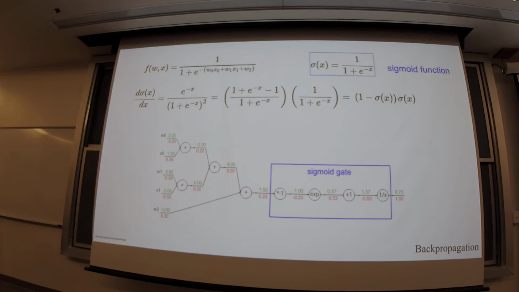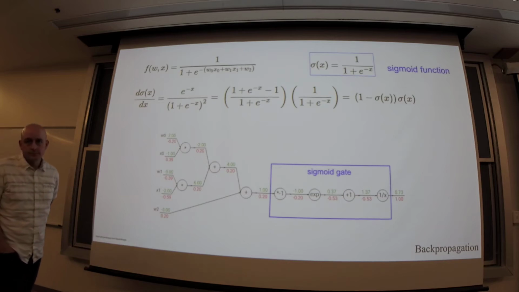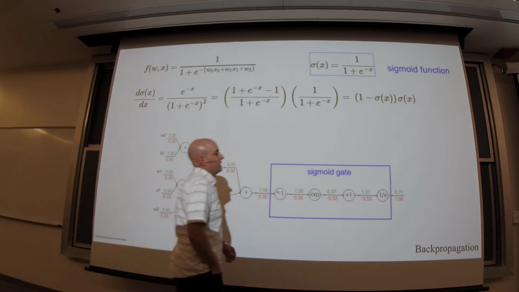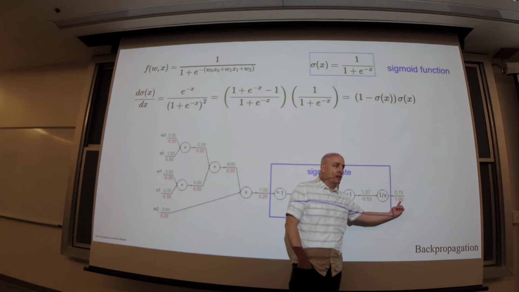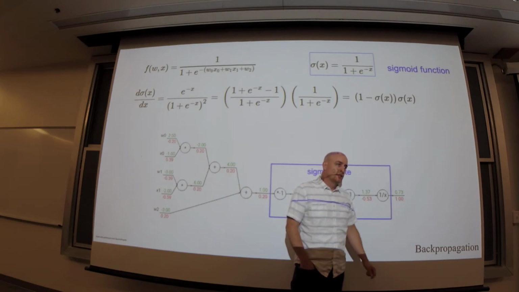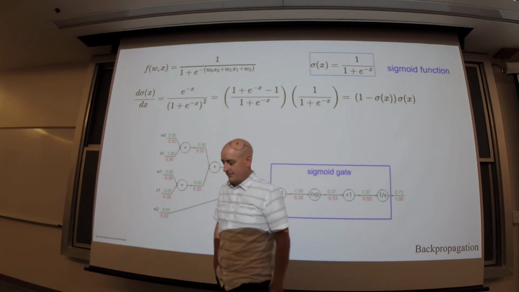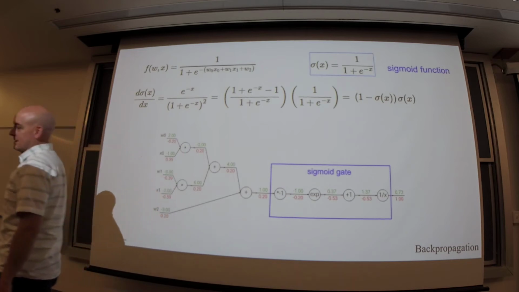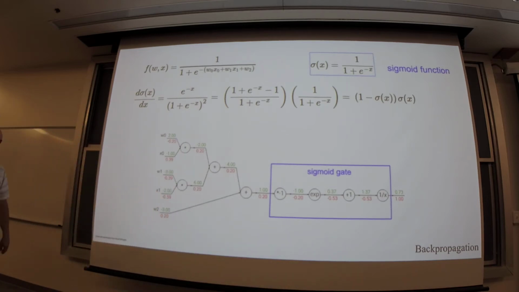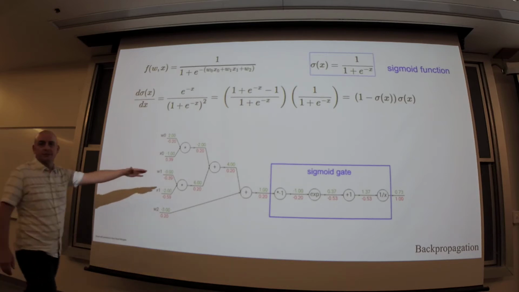For the first value in the backpropagation, why do we choose 1? Because this is the partial of f with respect to f. Oh, okay. That makes sense. Yep. It's the easiest one to do. When in doubt, just put a 1. So all these are partial derivatives.